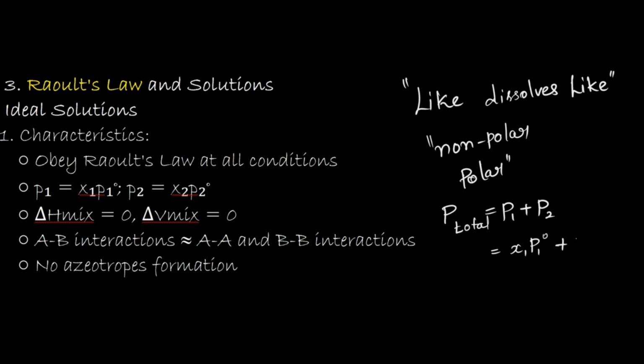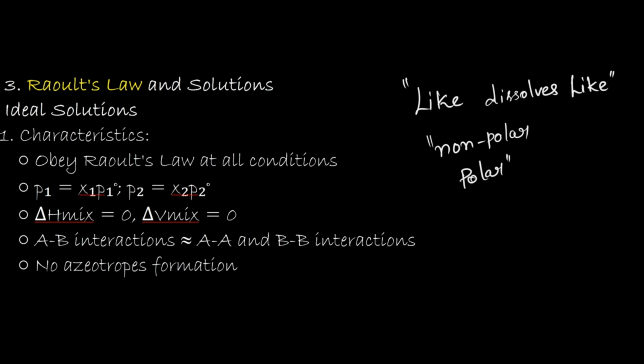Similarly, I can write it for P2, x2, P2 naught. So P1 is equal to chi1 times P1 naught. P1 naught represents the pressure of the pure solvent.